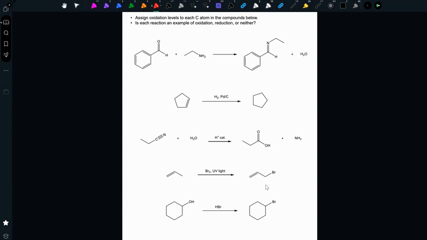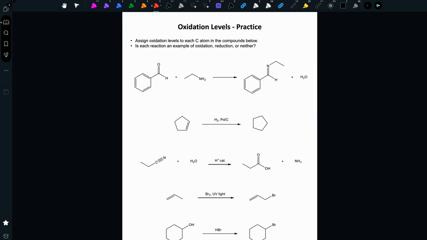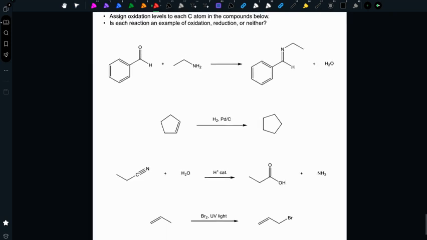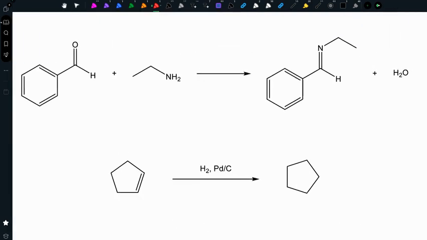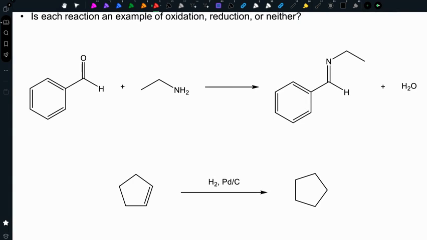Okay, let's cap off this Module 14 lecture about oxidation levels. Hopefully you have gone through and tried this out yourself. In this first case, I'm going to just put oxidation levels next to each atom. So this carbon is bonded to 2 more electronegative atoms, two bonds to oxygen. So it's got an oxidation level of 2.